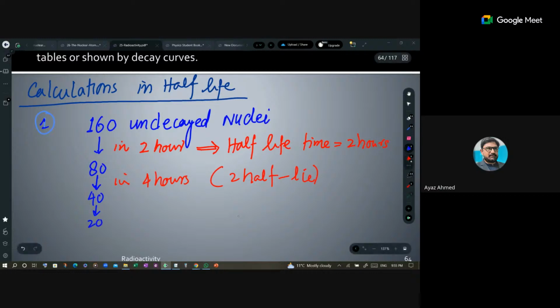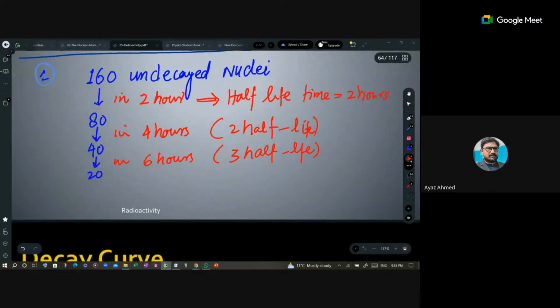And how much time do you expect? In 6 hours. In 6 hours, it means this is your third half life. Are you getting it? Okay, in this way it would decrease and decrease and decrease.